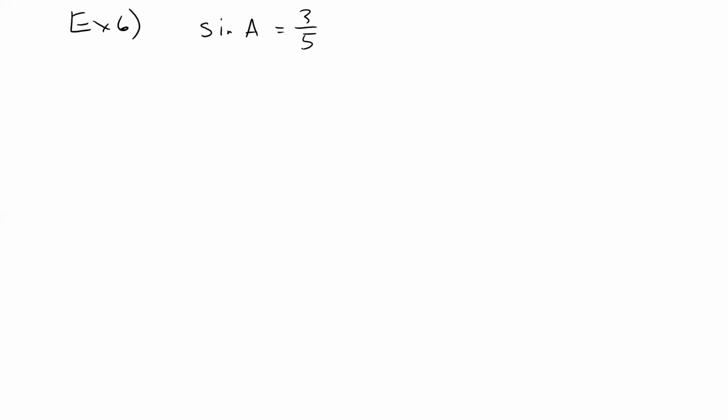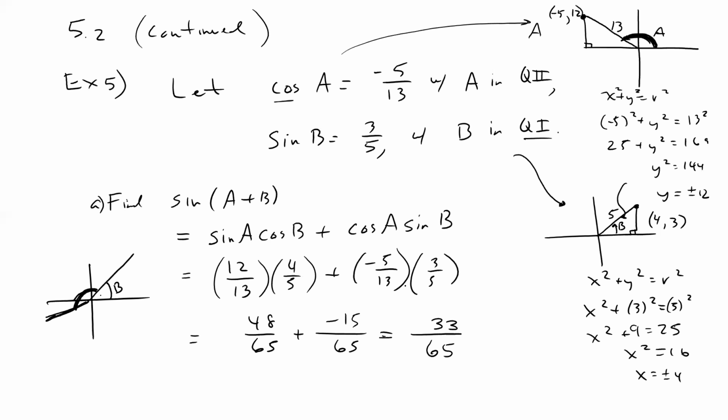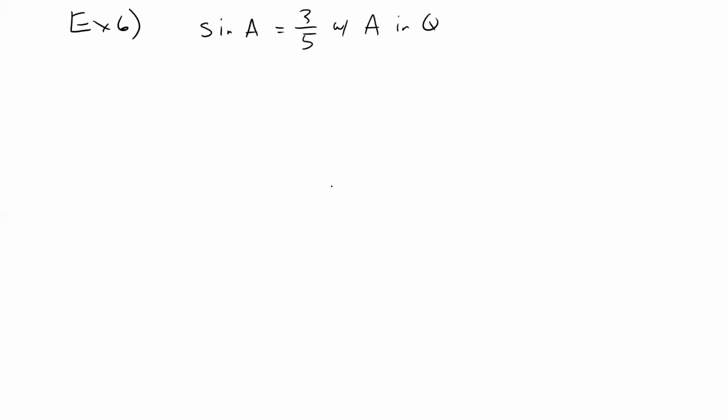So sine of A is equal to 3/5 with A in quadrant 1. And I have cosine of B equal to... that's no fun because they're all the same here.